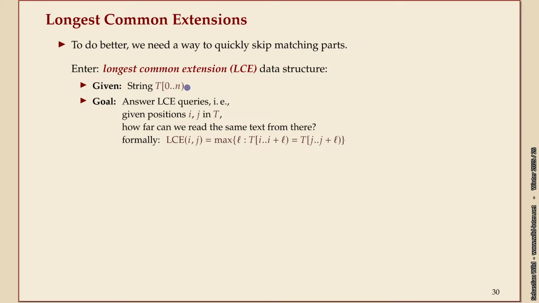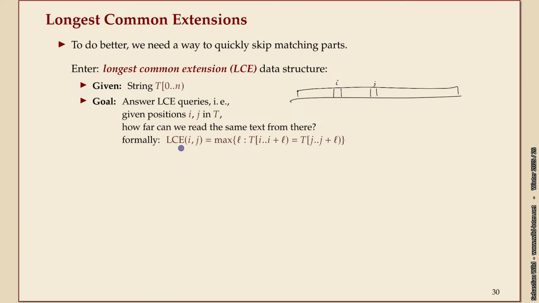We're given a string, and then we pre-process, we read that string and build a data structure so that after we have done this pre-processing, we can answer LCE queries, which means longest common extension queries, where you're given the text somehow, and the input to the LCE query are 2 positions in the text, i and j.